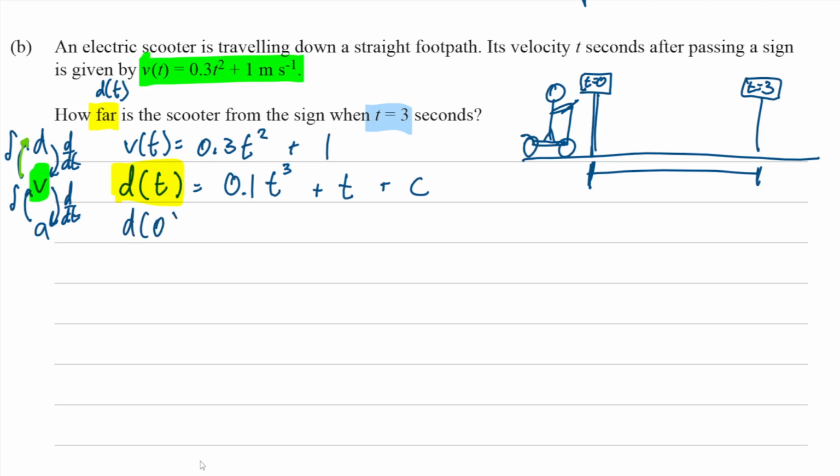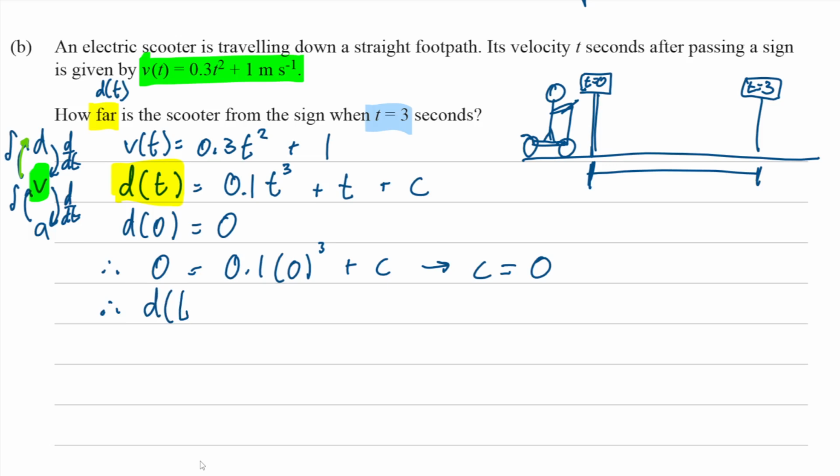So the distance when time is 0 is 0. Therefore, solving for c, it's apparent that c is actually just equal to 0, right? We have no initial distance from the start line. So our distance equation is simply 0.1 t cubed plus t.